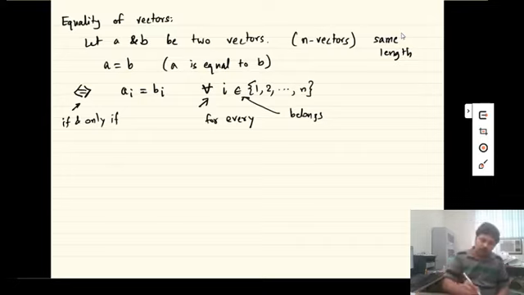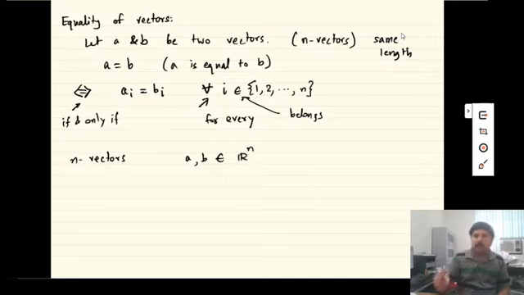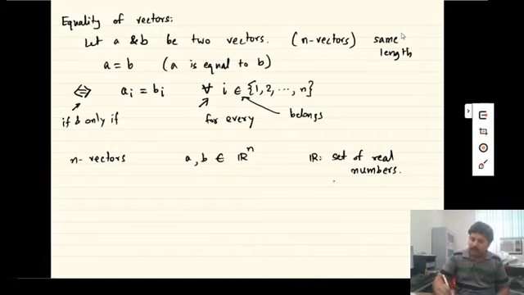One more important notation that I will use: instead of representing n vectors, I will say a, b belong to a set R power n. So where this R is actually the set of real numbers. Okay, set of real numbers. I'll come a little later, and sometimes I'll call it the field of real numbers.